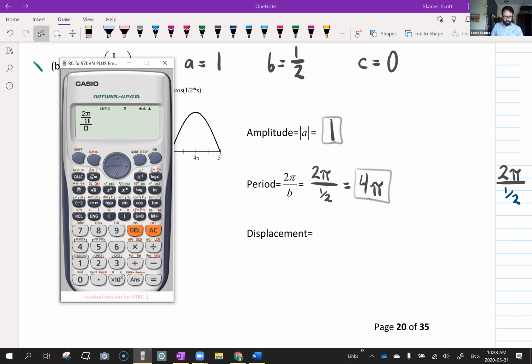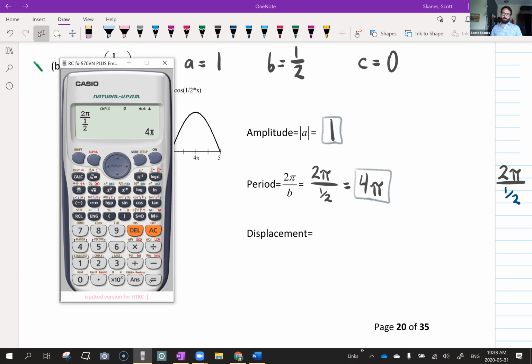Divided by 1 over 2. And it gives pi. Wait a second. What did I put in wrong? See, don't trust the calculator to do everything for you. Divided by 1 over 2. 4 pi. So I think I had a little brackety thing going wrong that time.